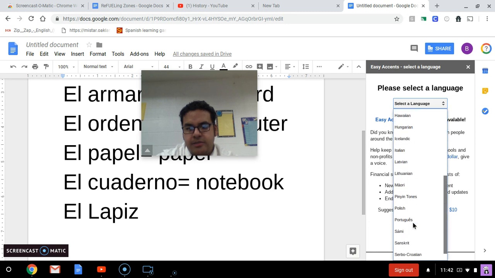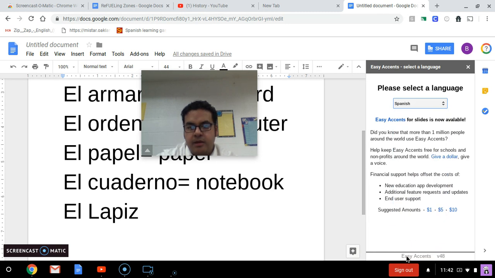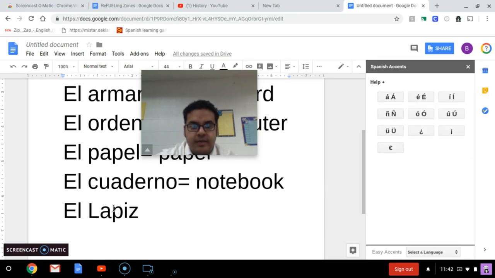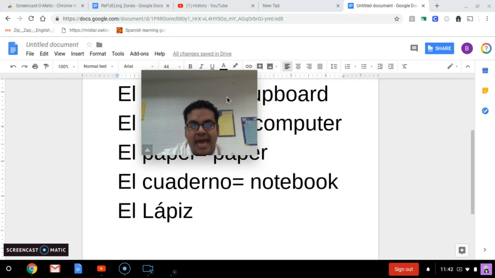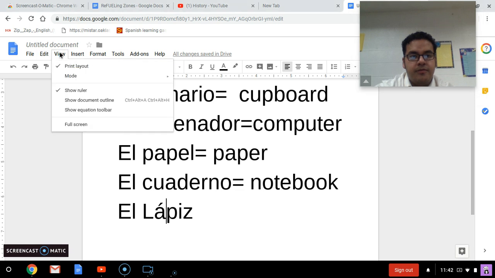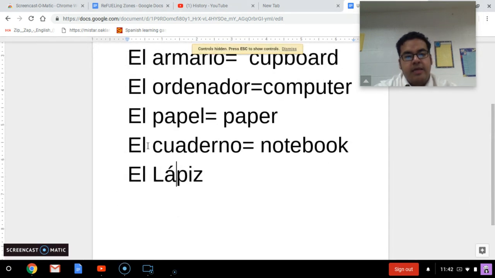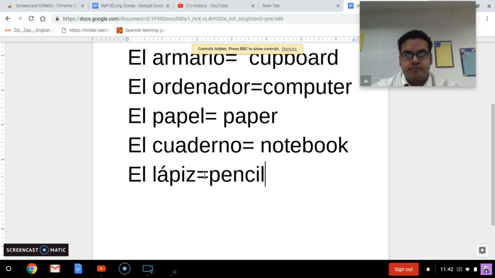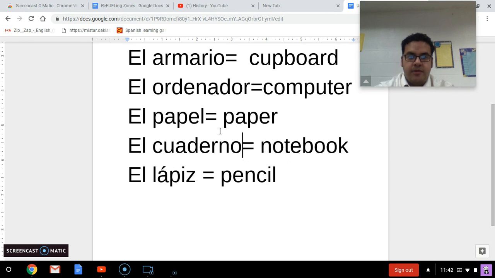These are all the special letters we have in Spanish. So I need to change this into this. El lápiz. And that's our only accented letter today. Lápiz means pencil.